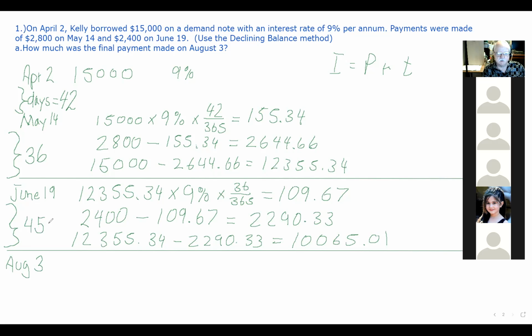So the next thing the teller has to do is take the outstanding balance, multiply it by the rate of interest, 9%, and 45 over 365.